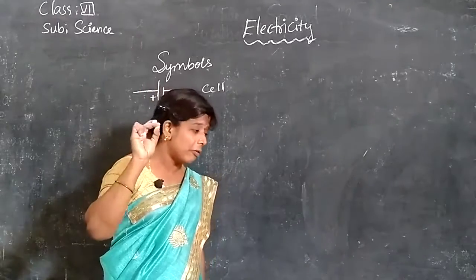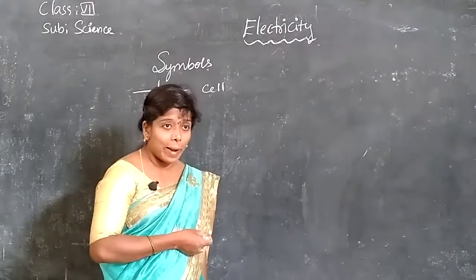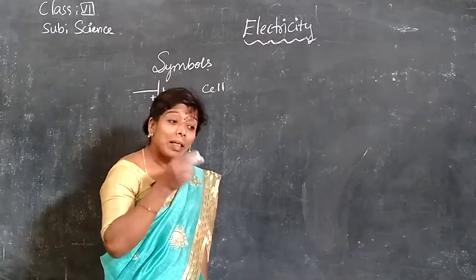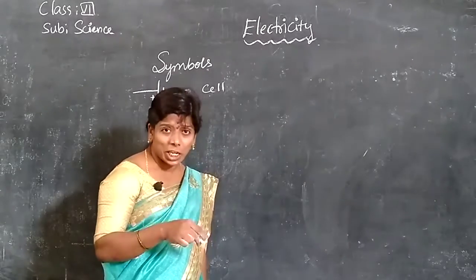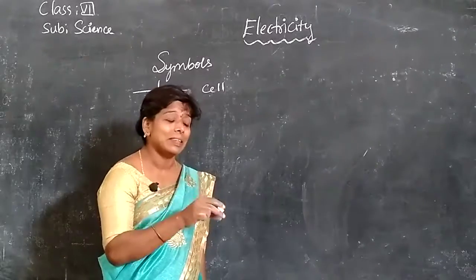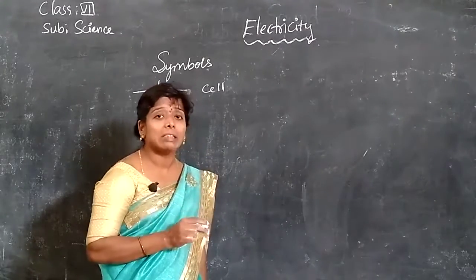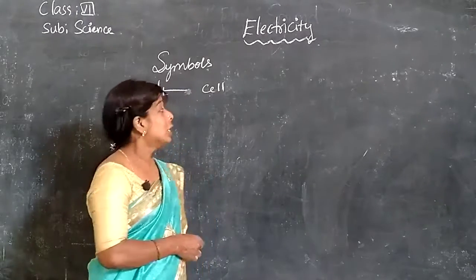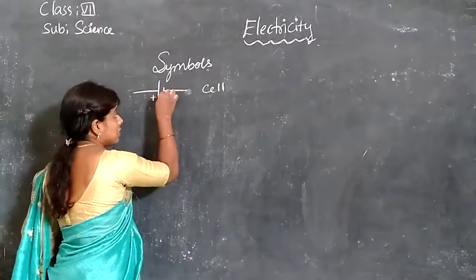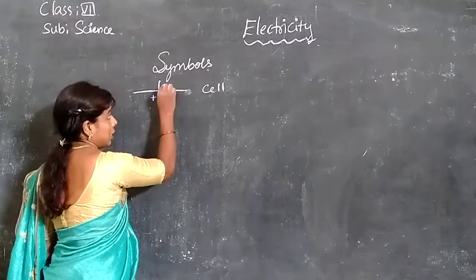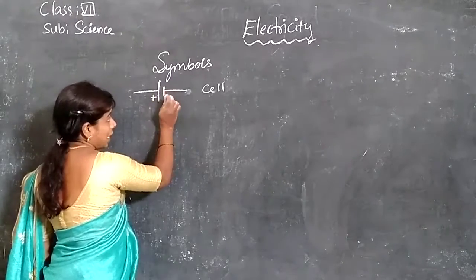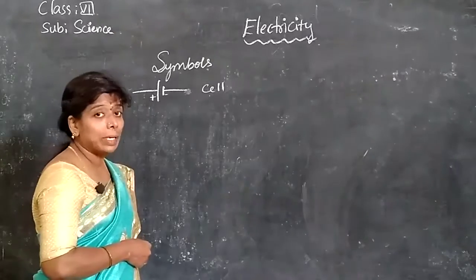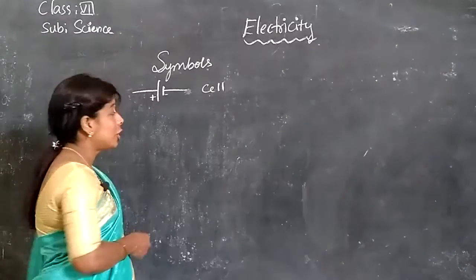If you take any fan, tube light or cooler, they work when both positive and negative charges reach that electrical device. So big line, positive terminal; small line, negative terminal.